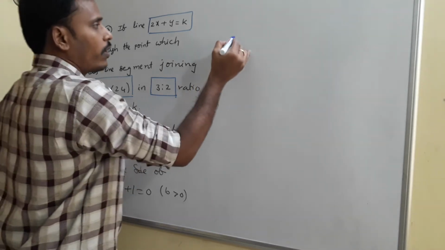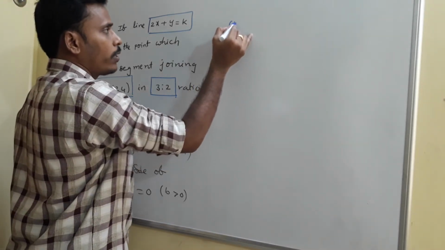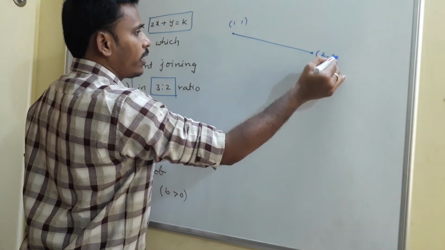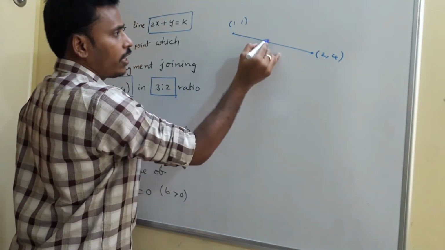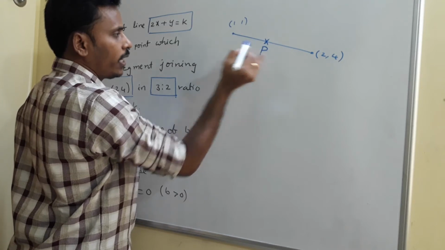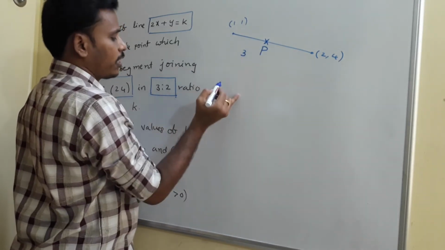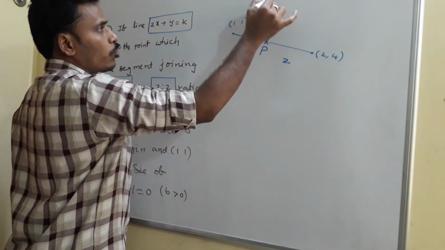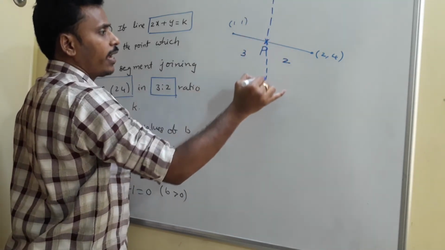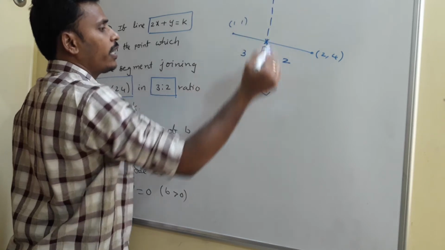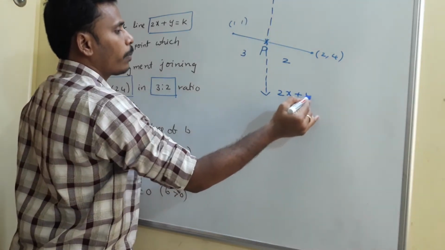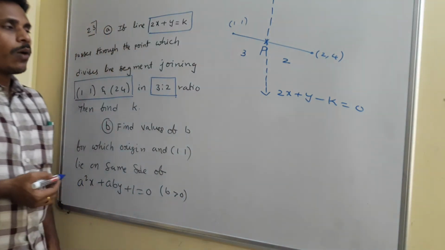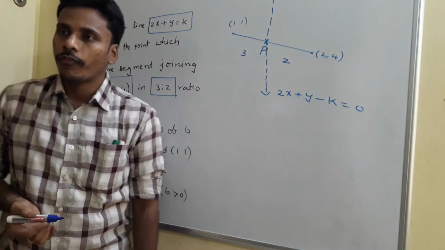For suppose here I have a point (1, 1), and there I have a point (2, 4), and there is a point P on this line segment which divides it in the ratio 3:2. Passing through this P there is a line, and the equation of that line is 2x plus y minus k equals 0. Now our intention is to find the value of k.